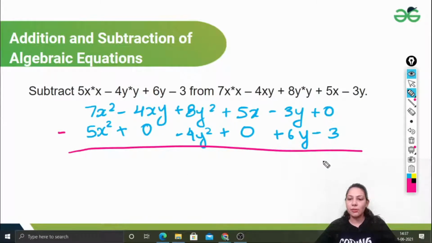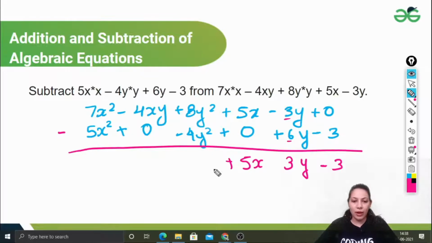So then 0 minus 3 will result as minus 3. Minus 3 plus 6: we will calculate the coefficient and write the y as it is. So minus 3 plus 6 will result as plus 3y. Again plus 5x. Then y square as it is, 8 minus 4 is 4, minus 4xy.